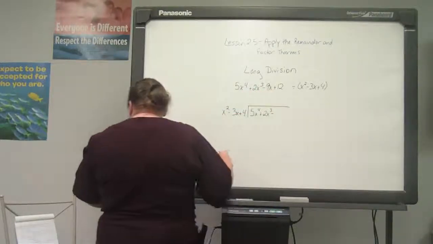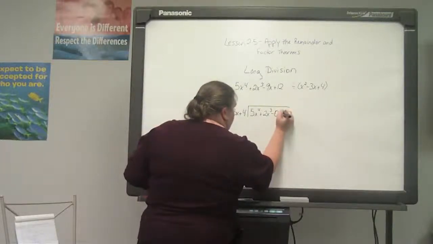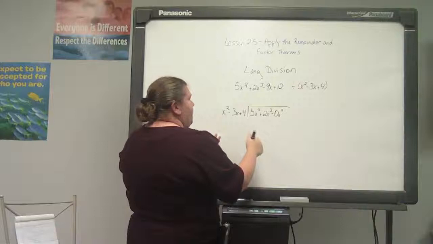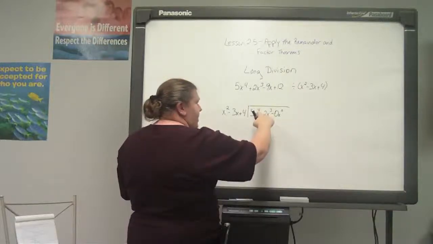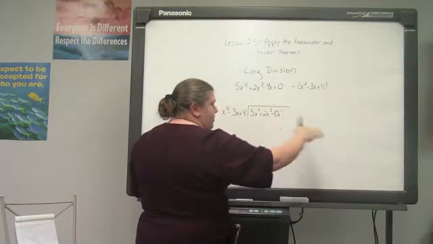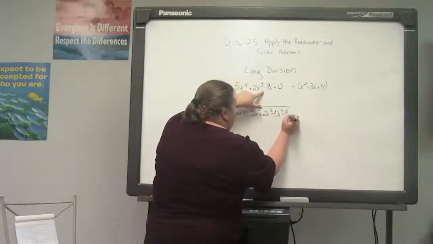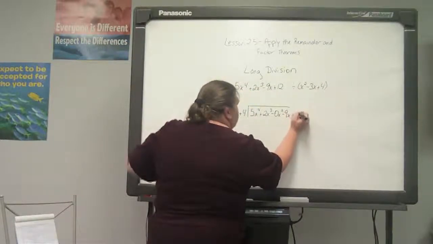So you're going to have to put a 0x squared, because remember, in standard form it has to go from the highest exponent down to no exponent without any gaps. And so now I can say minus 9x plus 12.